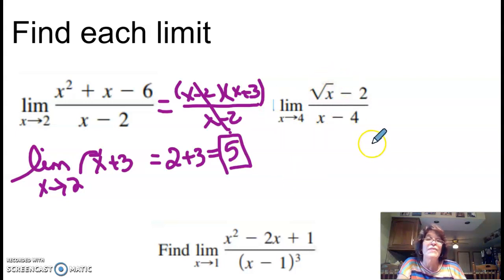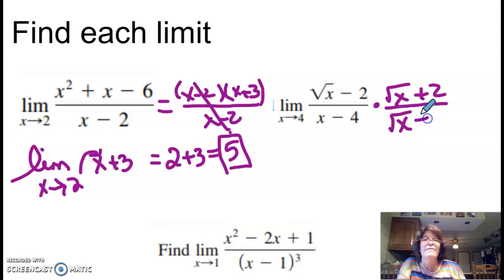This one I can't really factor, but we use a strategy that we use in algebra called multiply by the conjugate, right? To play with square roots and get rid of the fact that I have a square root. We're going to multiply by the conjugate.